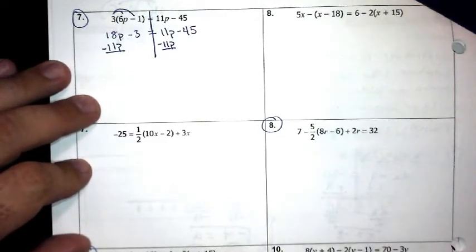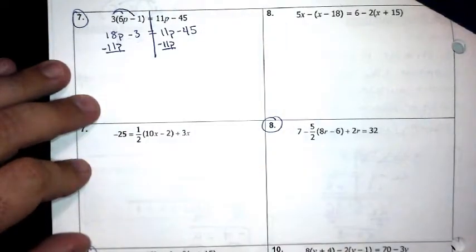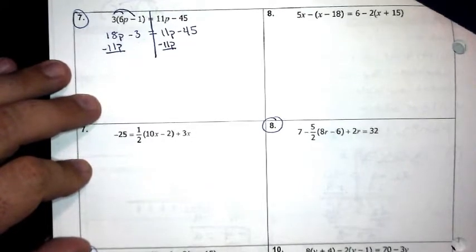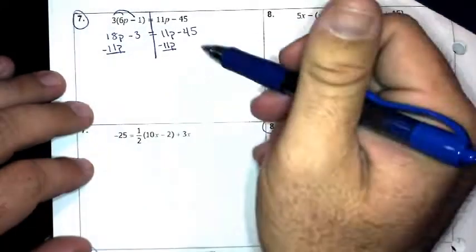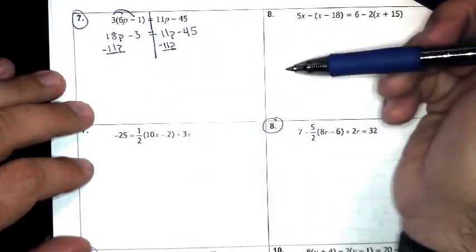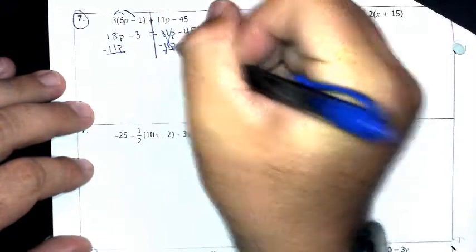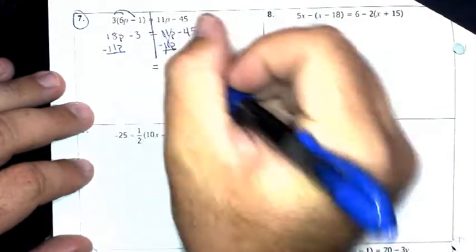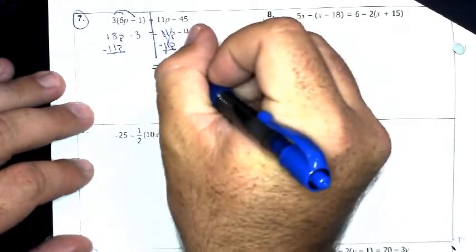We just wrote it down. Subtracting or adding, depending on which one you're given. So I have a positive 11, so we minus 11. Do the opposite. That cancels. I have negative 45 left, and then I have 7p minus 3.